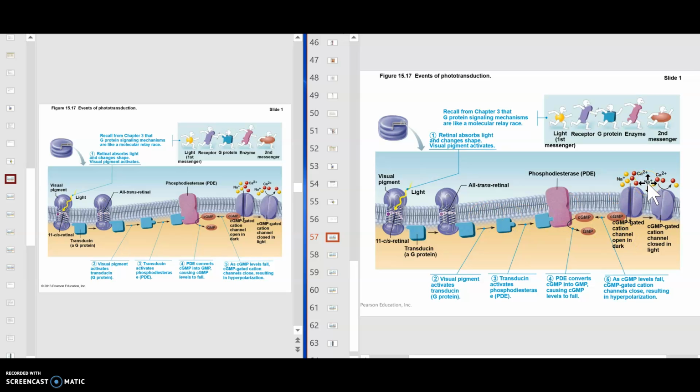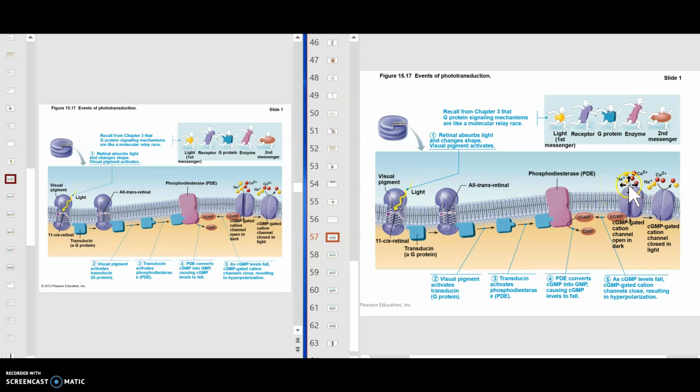All right, the second key to this is this. What's keeping this open is a cyclic GMP molecule. So if you break down the cyclic GMP, this door closes. Again, let me go back because it's quite detailed.